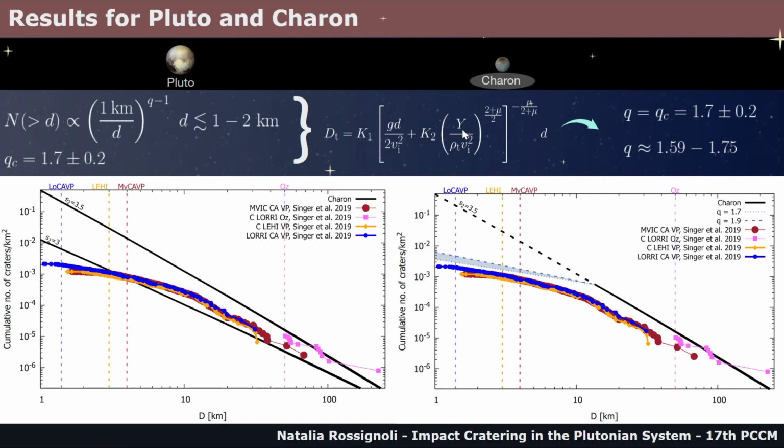So it depends, of course, on the parameters you use for the surface. So in this case, because it's a preliminary result, you can use this if this is the strength regime, or this is the gravity regime. We use directly this one.